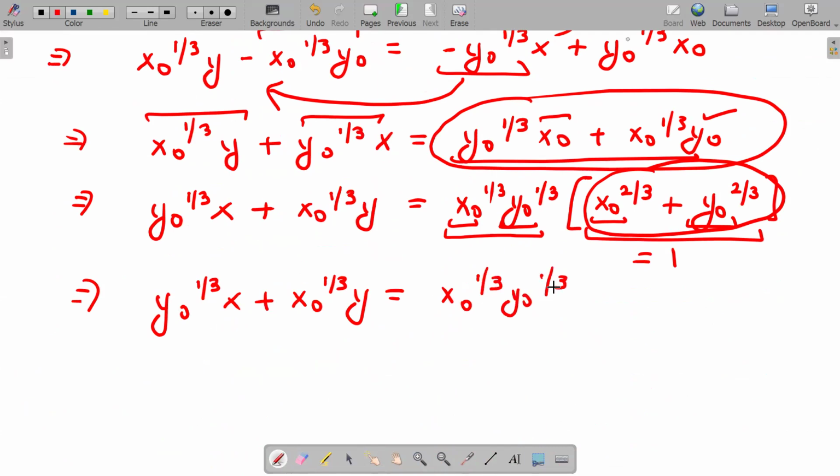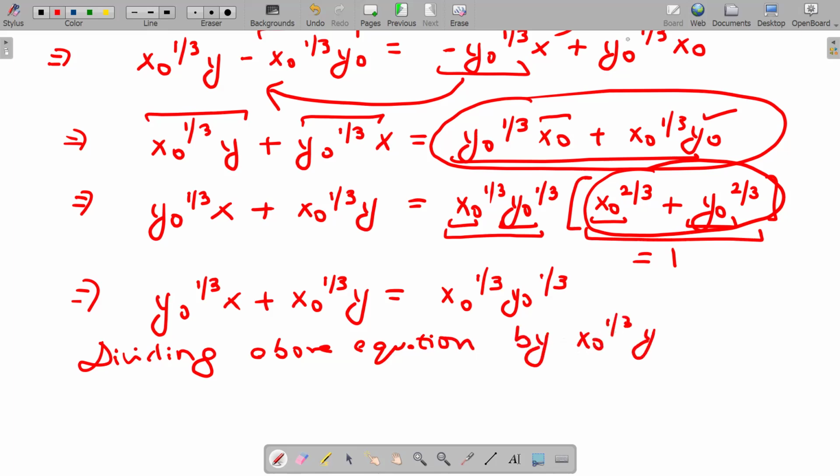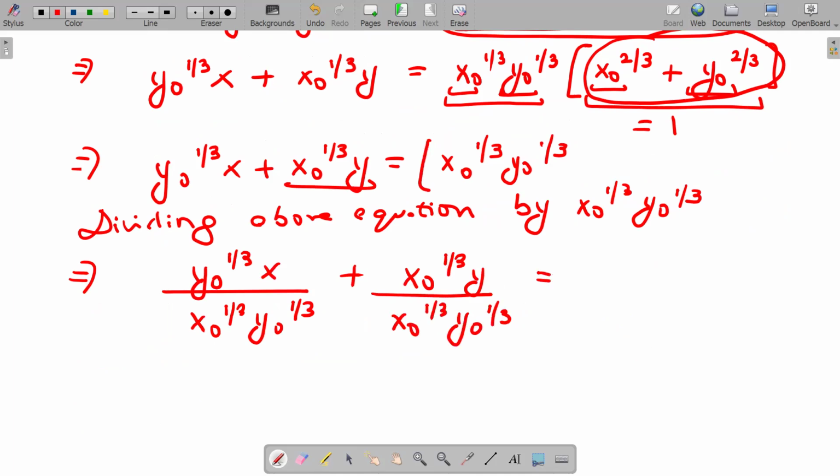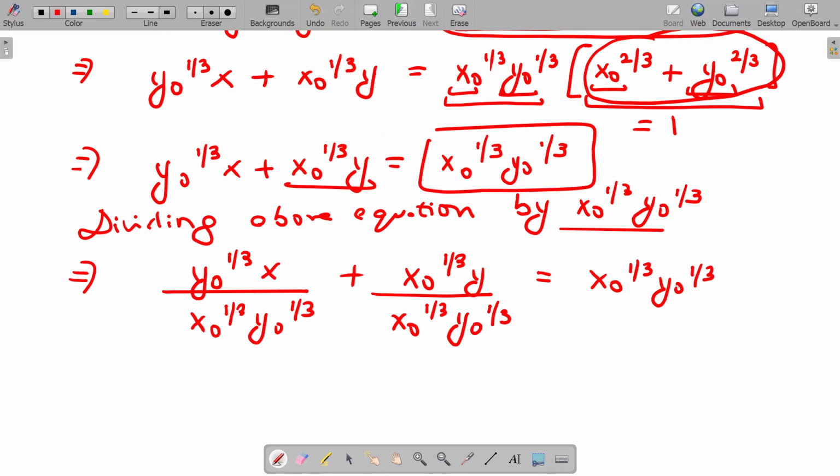And if I divide the above equation by x0 to the 1/3 y0 to the 1/3, what do I get? y0^(1/3) x over x0^(1/3) y0^(1/3) plus x0^(1/3) y over x0^(1/3) y0^(1/3), and the right hand side also gets divided by the same term, x0^(1/3) y0^(1/3) over x0^(1/3) y0^(1/3).